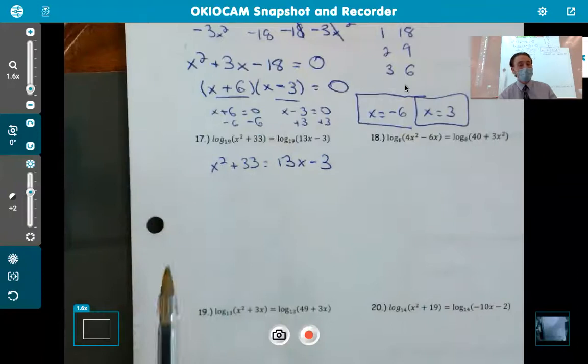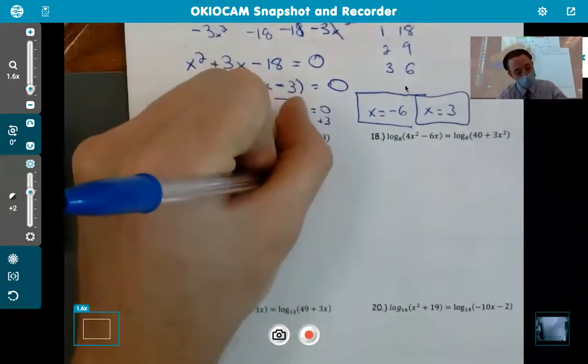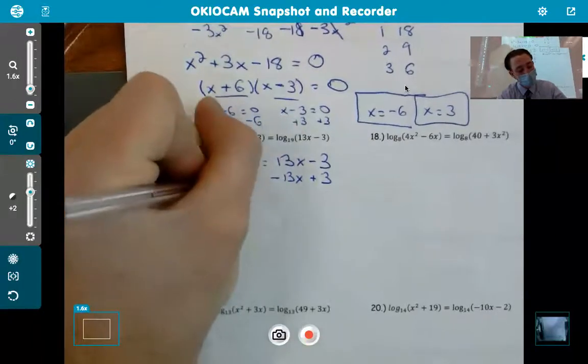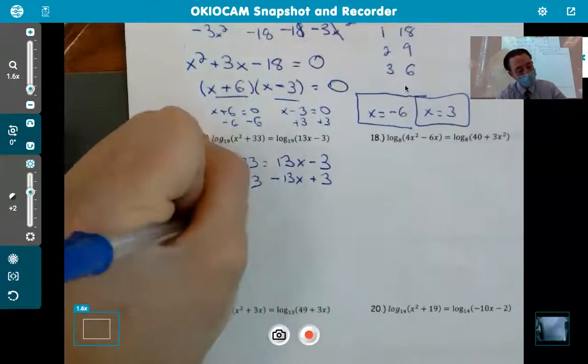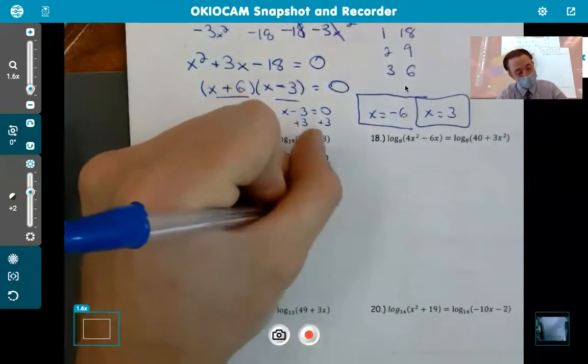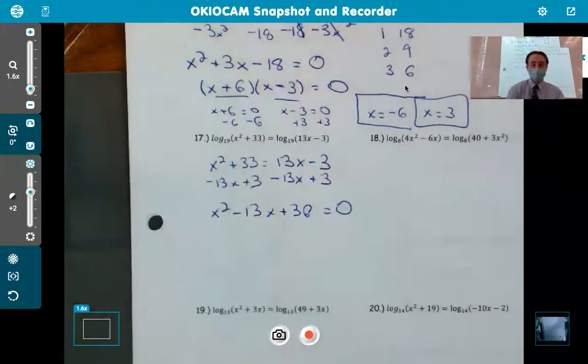Now what I need to do is get everything to one side. So I have minus 13x plus 3, minus 13x plus 3. So my new equation is x squared minus 13x plus 36 equals 0.